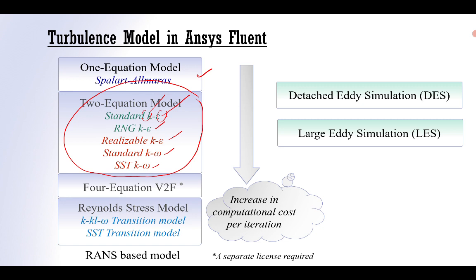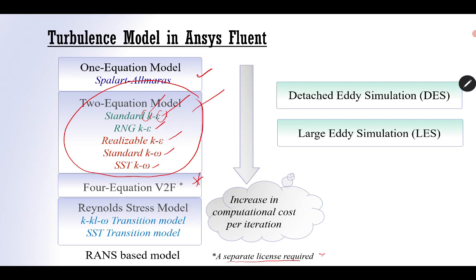And then from the two equation model, we have the four equation model. For the four equation model, as I note here, a special license is required for ANSYS. So this is just for your information that in Fluent, in ANSYS, we still have the equation known as the four equation model.